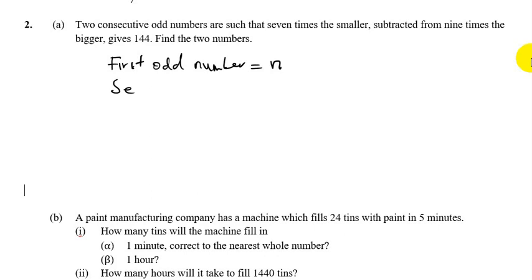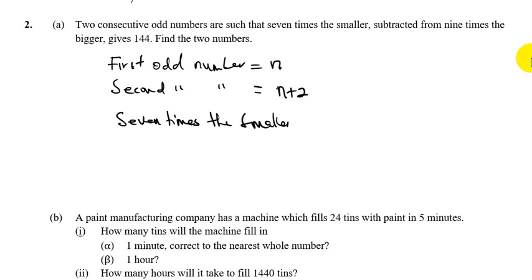So the second odd number will be n plus 2. And they are saying that 7 times the smaller, so this is the smaller one, the n. So 7 times the smaller will be 7n, subtracted from 9 times the bigger.